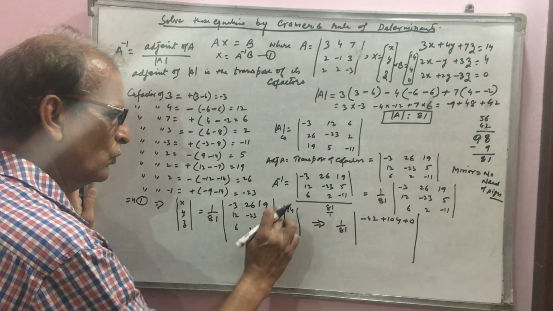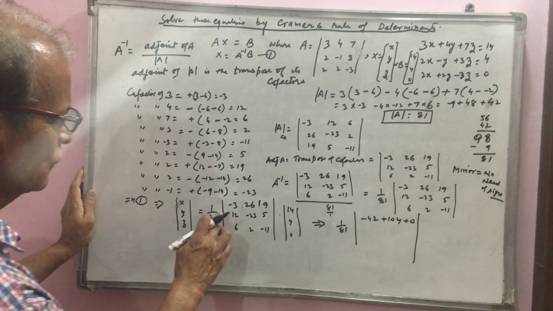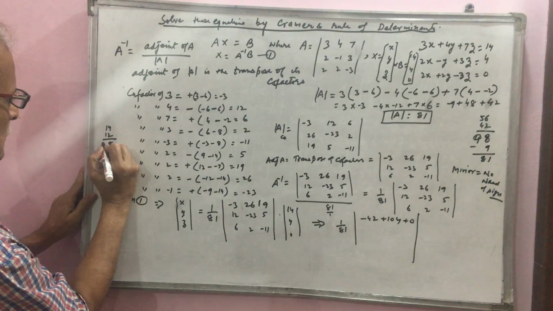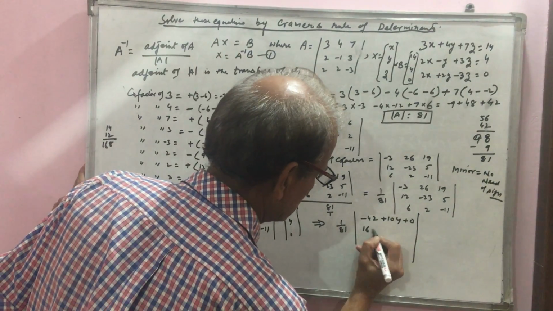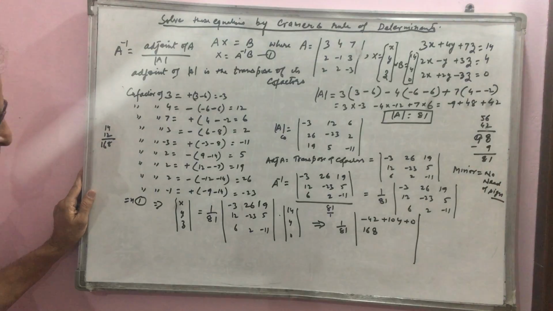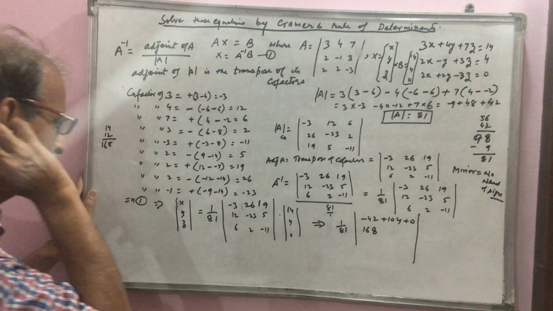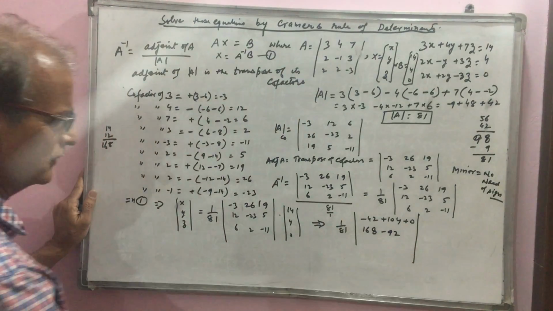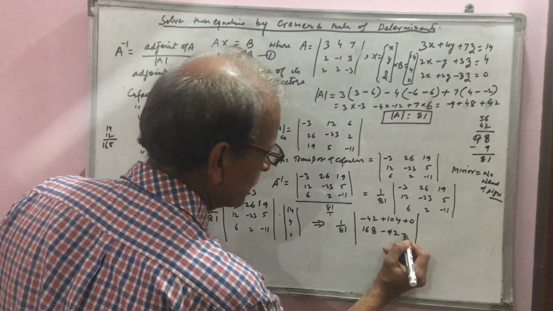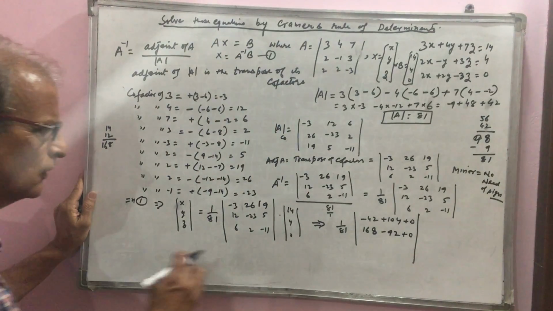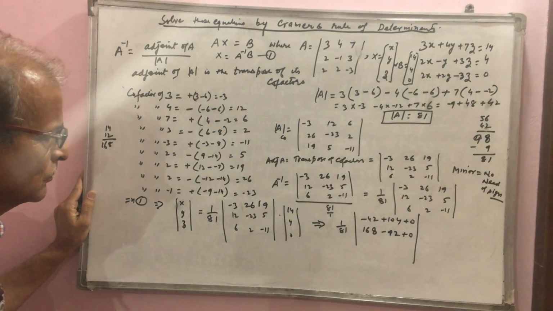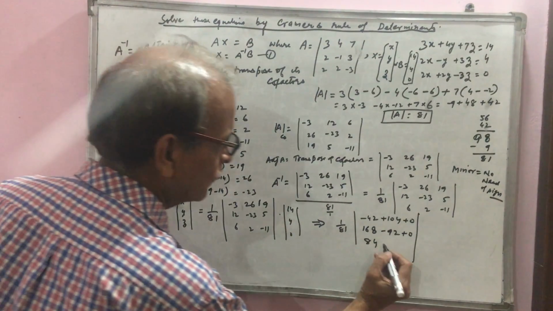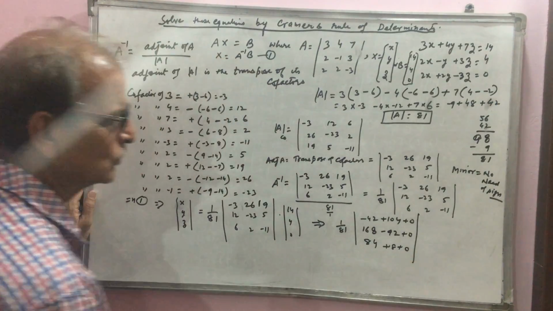Then second row, first column: 12 into 14, 168; minus 23 into 4, minus 92, we have to add this; 5 into 0 plus 0. Then third row, first column: 6 into 14, it is 84; 2 into 4, it is 8, plus 0.